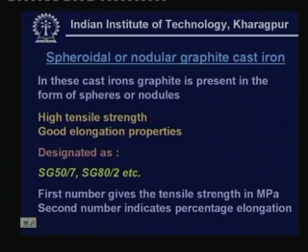However, SG50/7 or SG80/2 are some of the designations of the graphite cast iron, which give you the strength values and the percentage elongation. You can compare the values, 50 and 80 are quite high compared to the earlier cast irons, where we found tensile strengths in the range of 30 to 40, 45 like that.